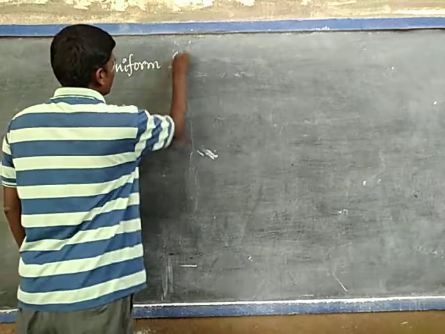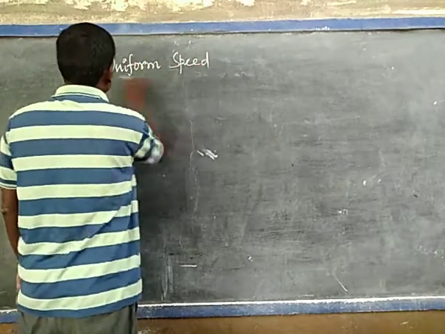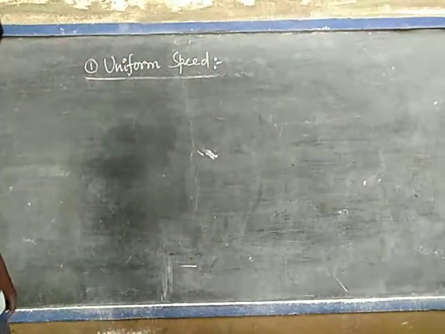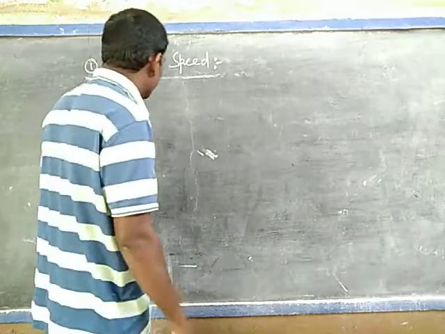First one, uniform speed. Which type of speed do we call uniform speed?